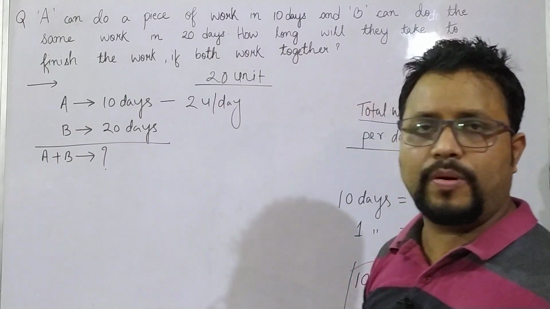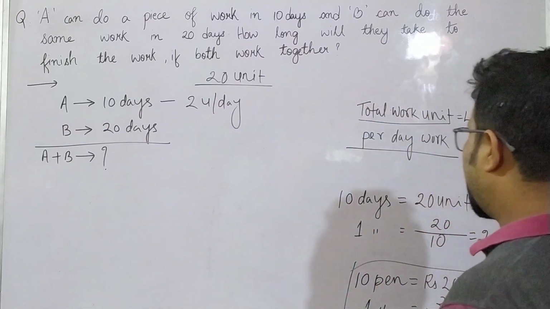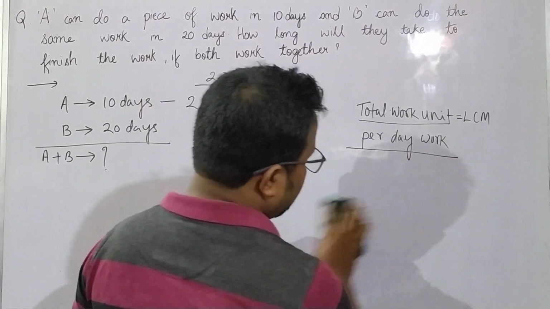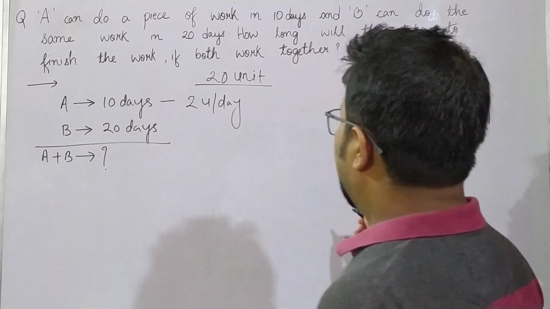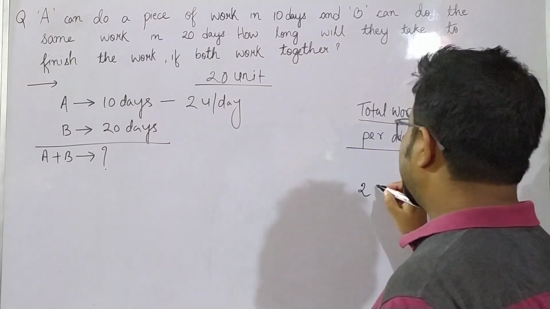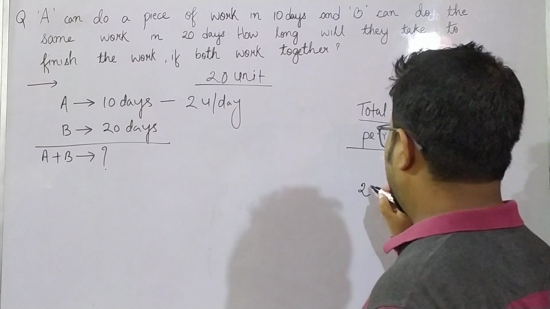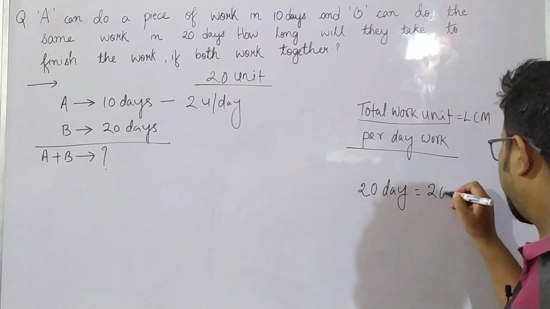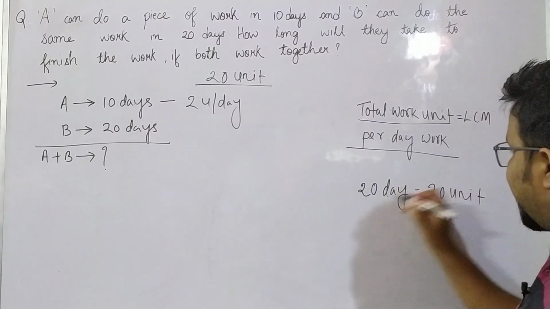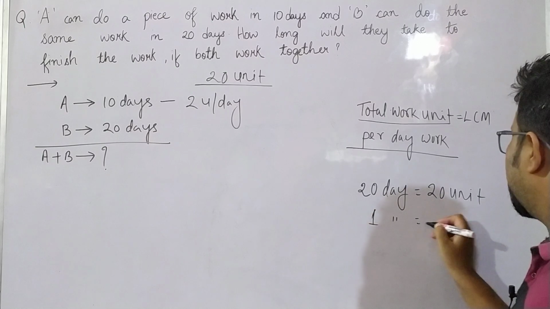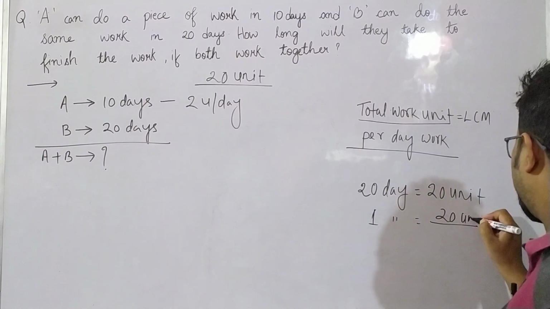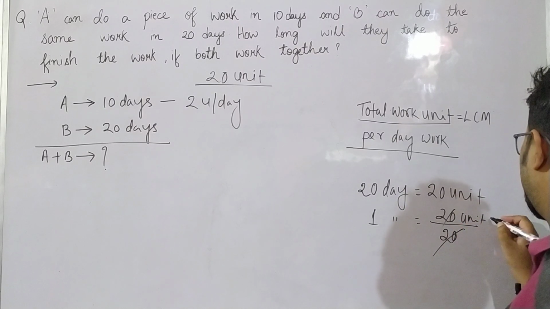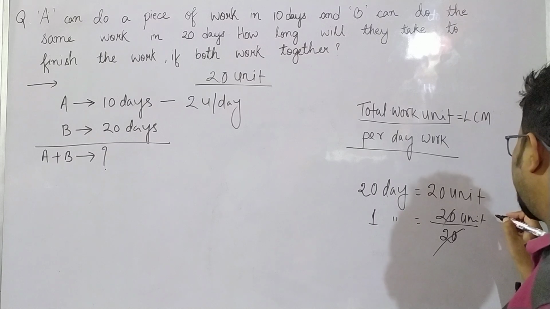Next, per day work of B. So in 20 days B has to do 20 units. In 1 day B has to do how much? 20 units by 20, so 1 unit per day.